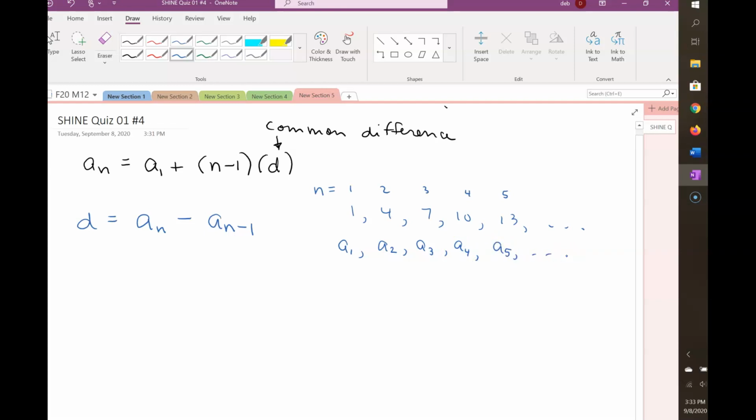I want you to start seeing the connection between what number n is, that's the subscript on the a, and that is a particular term in this sequence. So if I say the fifth term, you know exactly which one I mean. If I say the nth term, that's a generic term.